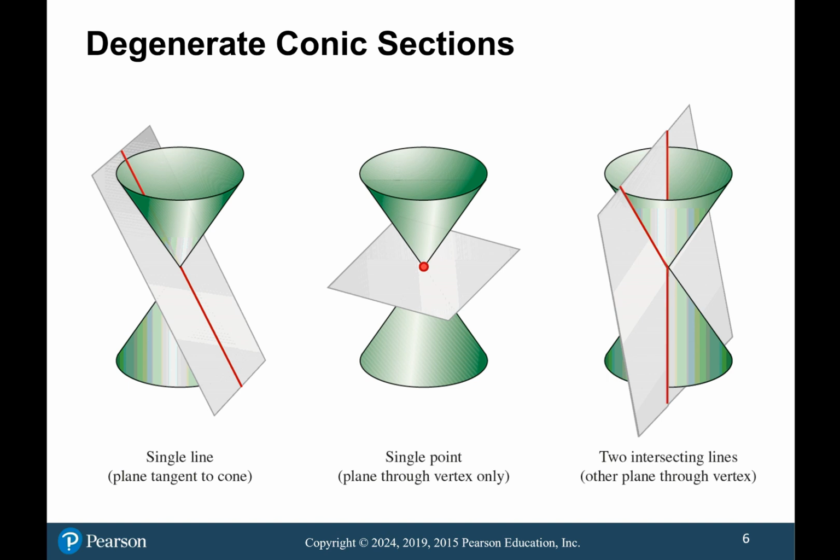We could pick the perfect angle so that instead of some kind of curve, which really might be interesting, we're just going to get two intersecting lines, which is kind of boring. So these are called the degenerate cases. They are possible, but we're going to try and avoid these outcomes because, again, they're just not interesting.